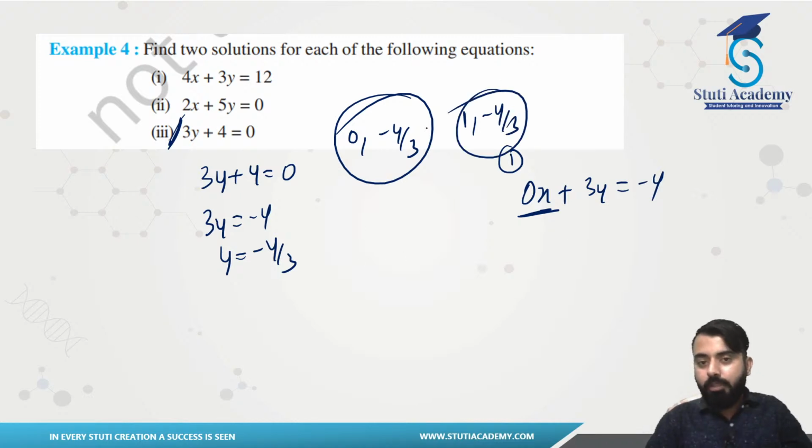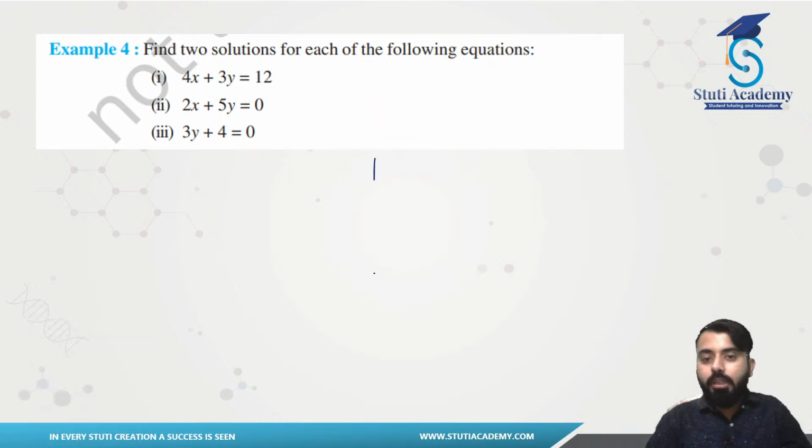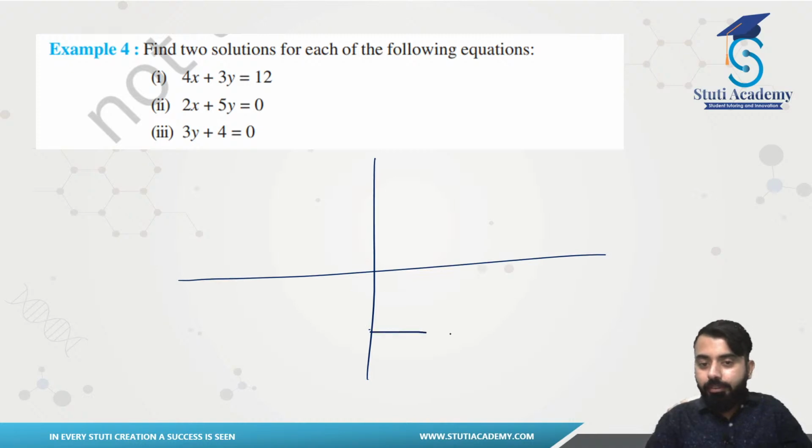So your line will be what? You are sharing the same y, the same ordinate, so your line will be parallel to the x-axis. It will be going on like this. See, if you plot this one, you guys remember this. Let's say this is the point minus 4 by 3.